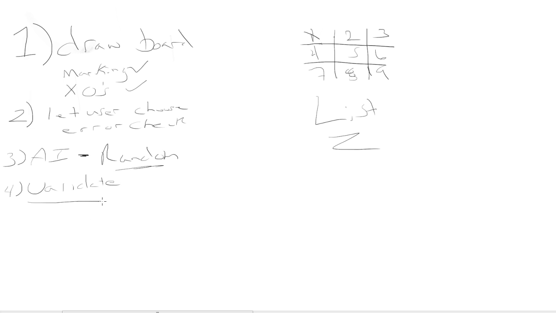And finally, validation. I got to think about that, and I was like, okay, since I initially start these things off with the values 1, 2, 3, 4, 5, 6, 7, 8, 9, none of them are the same initially. So for any three in a given direction, diagonal, horizontal, or vertical, the only way three of them could be the same is if they're all X's or all O's.